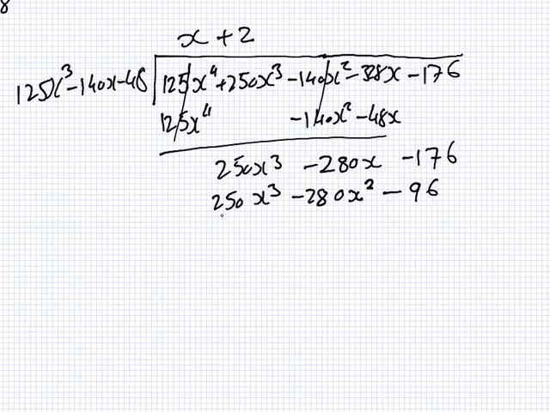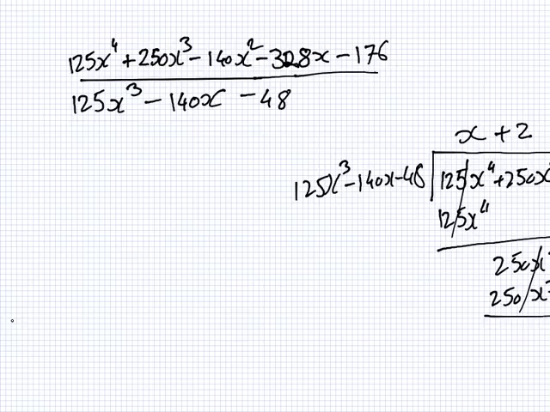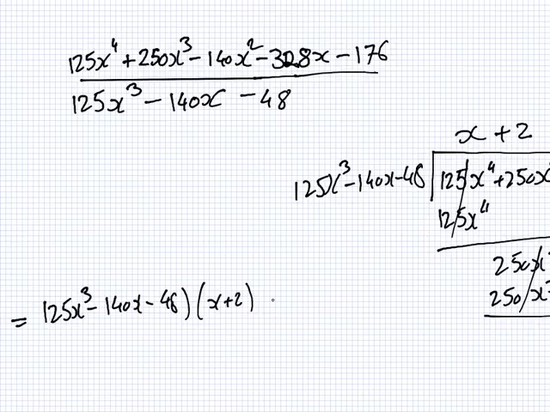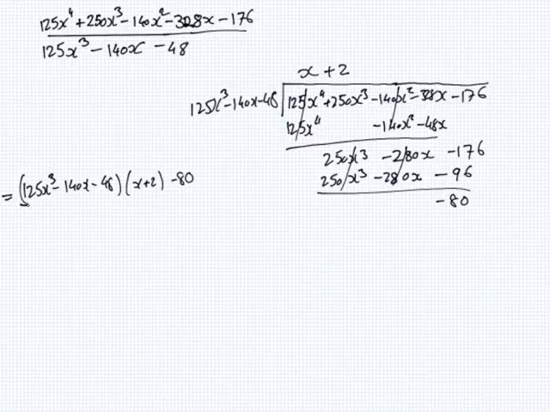By 2. Minus 80. Okay, so minus 80. Right, so here you can change this into 125x cubed minus 140x minus 48 times x plus 2, minus 80, all over the denominator.